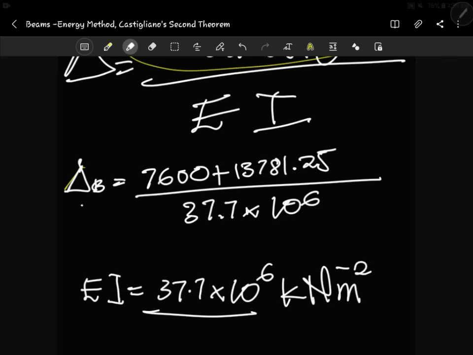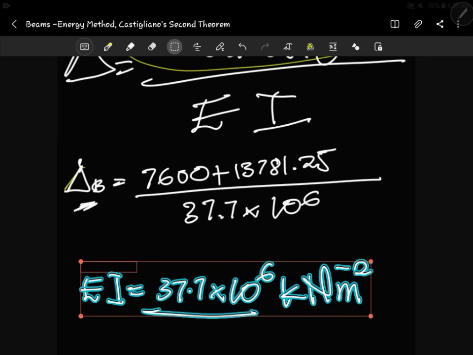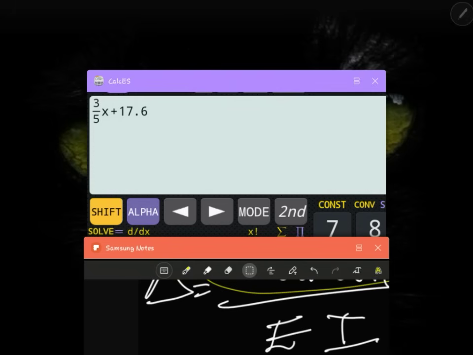Definitely we know the unit for deflection, so that one shouldn't be a problem. It has the same unit as length. So now that we have this, the next thing is just to punch this to see if we are doing the right thing. Let's see.